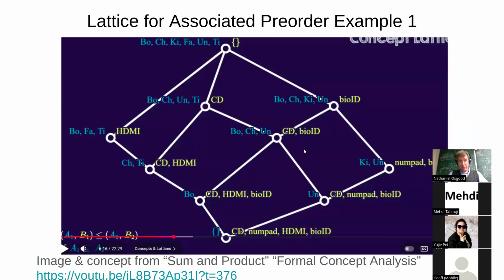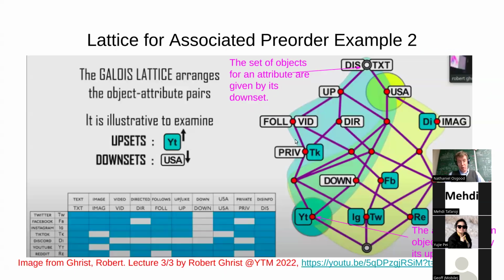Notice here we actually labeled it explicitly. We didn't have to appeal to the upset, but if you wanted, you could have said we're going to look to the upset and just labeled it. But here we could look at the upset to find the characteristics for a given object.